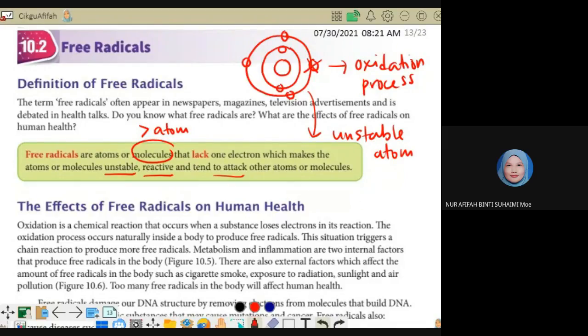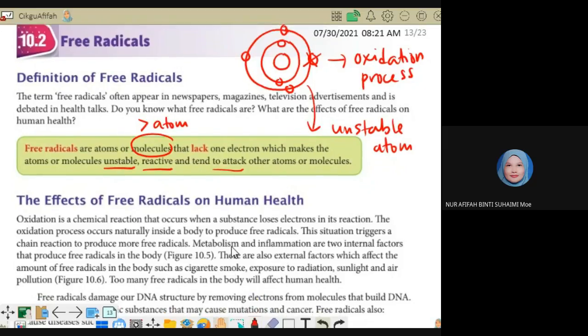Inside our body, there are a lot of oxidation processes because we need energy, okay, to move, to do regular activity. So there must be oxidation process to produce energy. Now, the oxidation process comes from the cells inside our body.